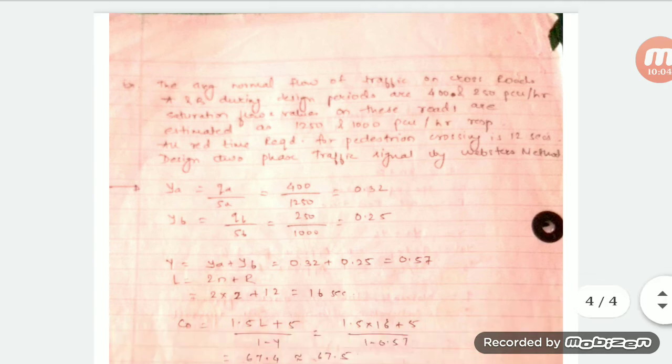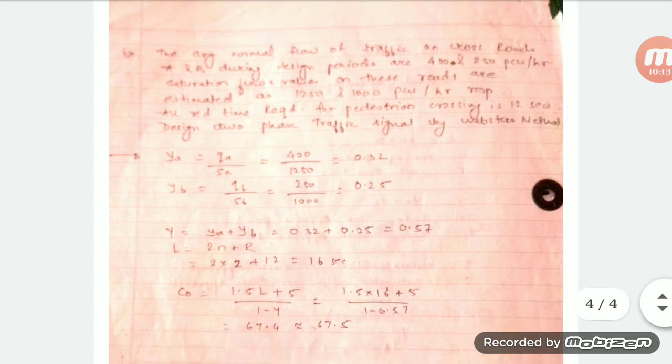We'll see one question which was asked in the examination. First we'll see the question. The average normal flow of traffic on crossroads A and B during design periods are 400 and 250 PCU per hour.